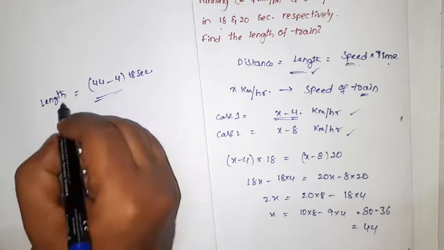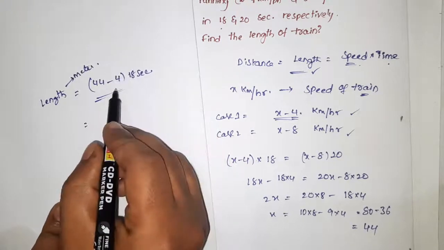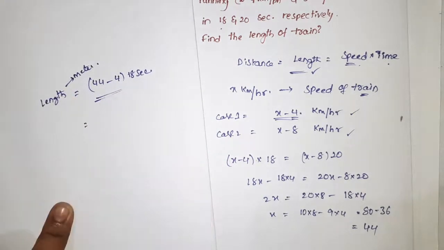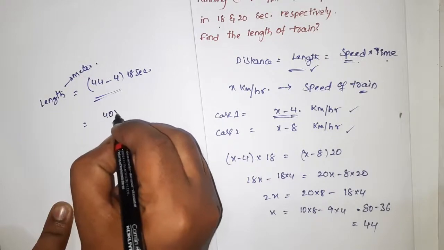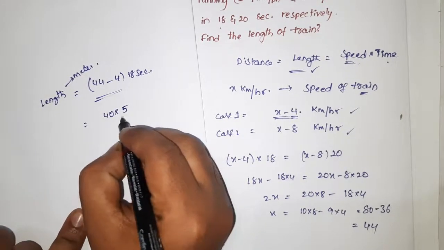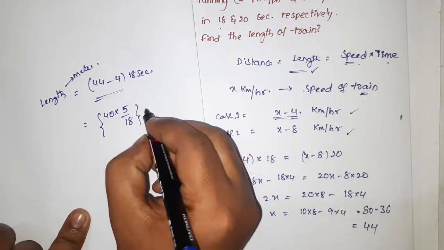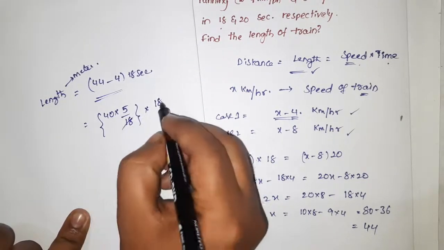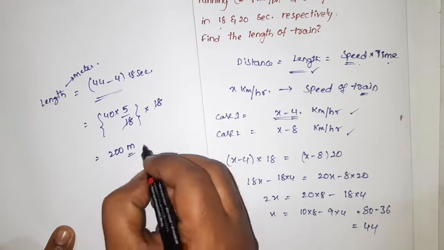So the length of the train will be in meters, so we need to convert this particular speed into meters per second. Most of the people commit mistakes at this particular point. So first of all we need to convert that kilometer per hour into meter per second. To convert that we need to multiply by 5 by 18. This will be the speed of the train in meters per second into 18 seconds. So 200 meters will be the length of the train.